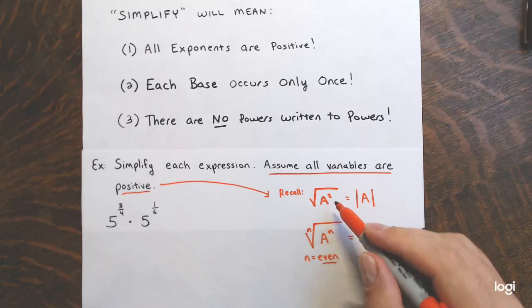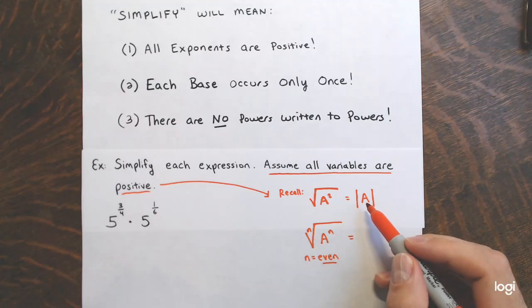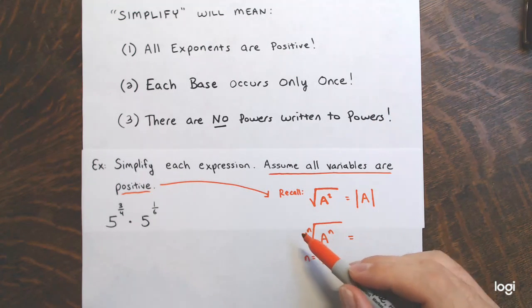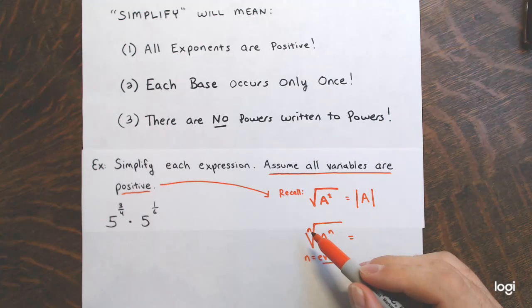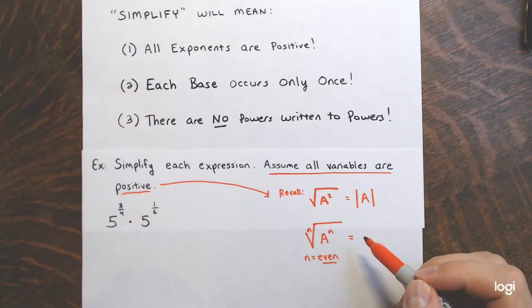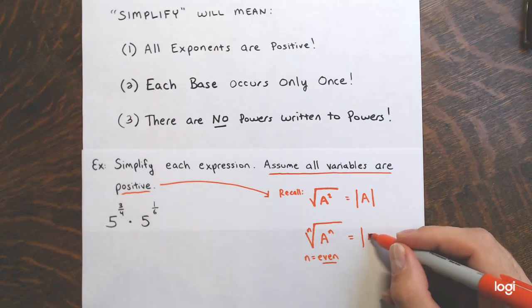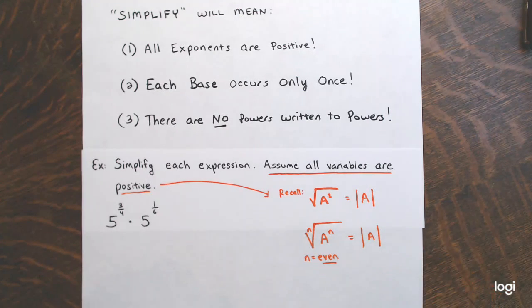This base here could be a negative number, and whenever you see this symbol with an even root, the result needs to be non-negative. You're being asked for the non-negative nth root. So it's not just a, but the absolute value of a.